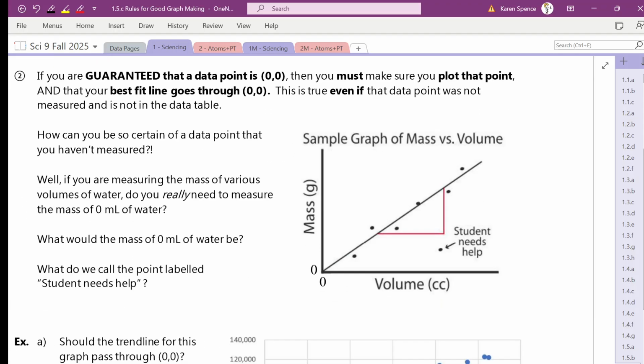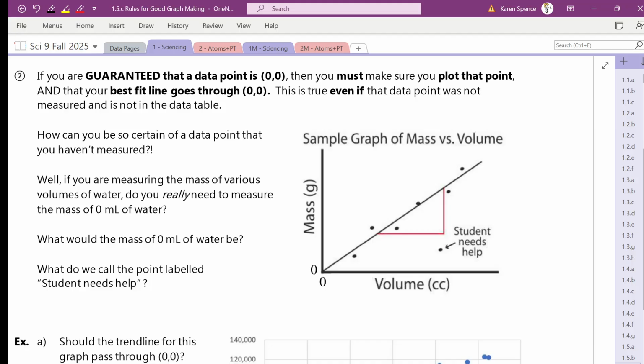Now, that isn't to say that we throw 0, 0 out the window, because 0, 0 can actually be really important. What is the mass of 0 milliliters of water? 0. Is there going to be any error or uncertainty in that point? No, because if you ain't got no water, ain't got no mass.